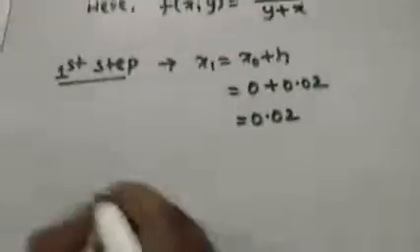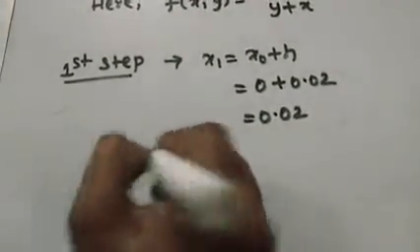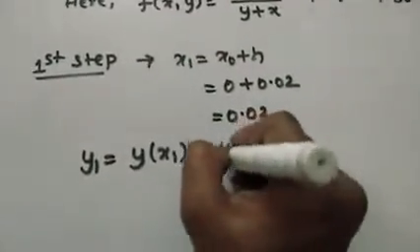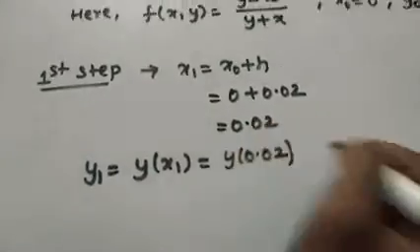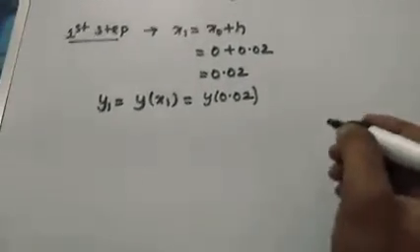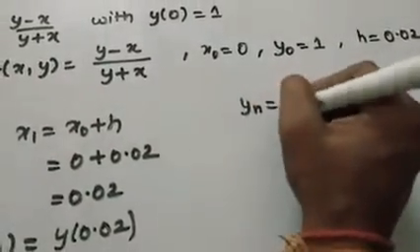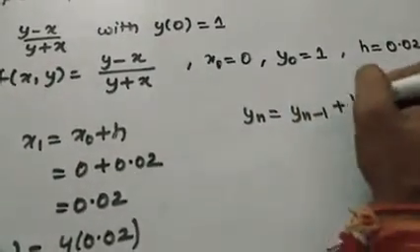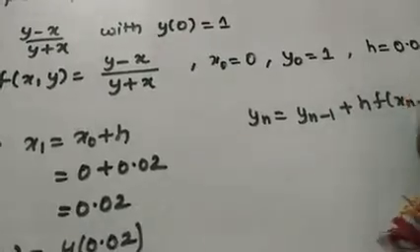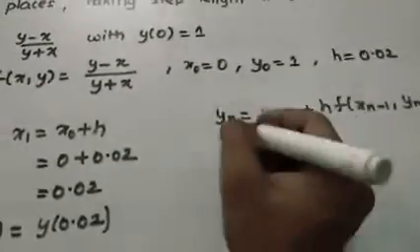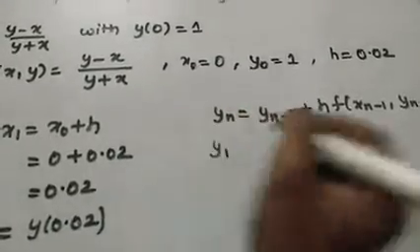So here we are going to find our y1. y1 means y of x1, y of x1 means y of 0.02. So after that, what is the formula? yn equals to yn minus 1 plus h into f of xn minus 1 comma yn minus 1. Very clear. Now we have to find here y1.